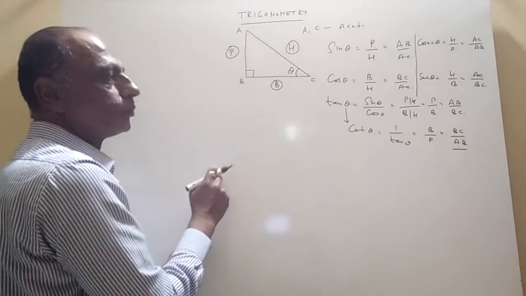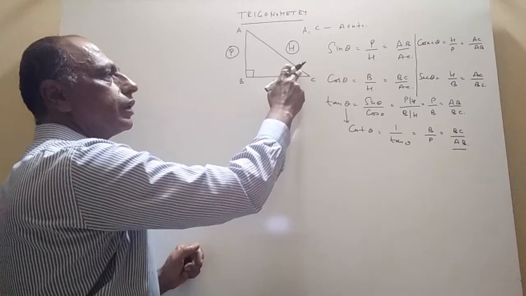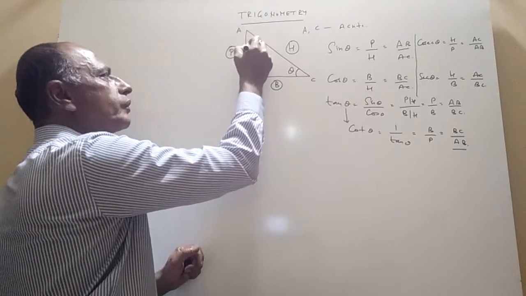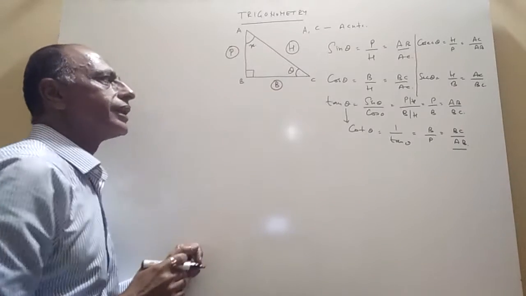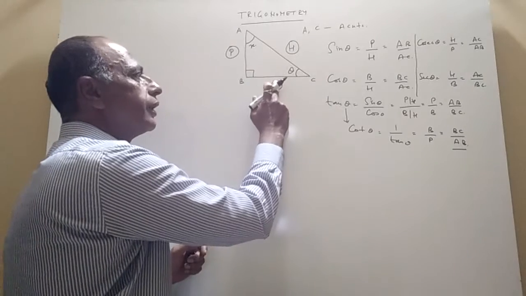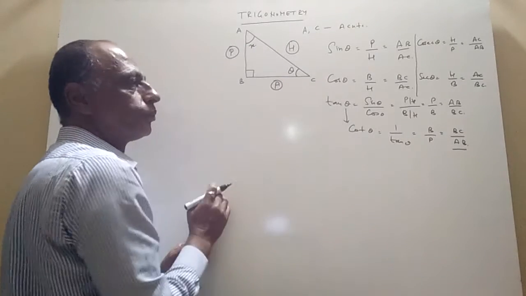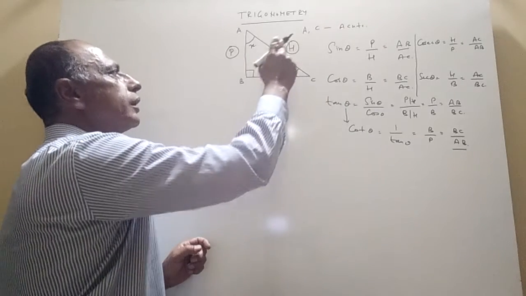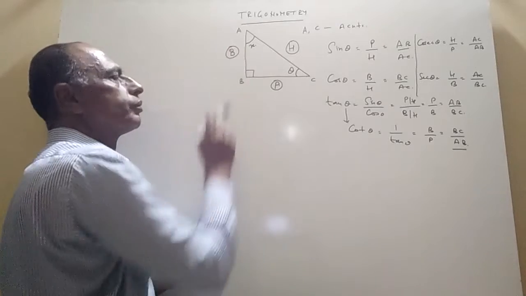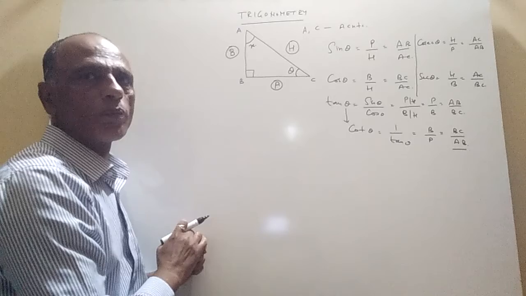Now in the same figure, if we change the reference angle from angle C to angle A, let us take angle A as now the reference, angle X. So the side opposite to this angle A will now become the perpendicular, and the side adjacent to this angle X will now become the base, but the hypotenuse will still remain the same because it is opposite to the right angle.